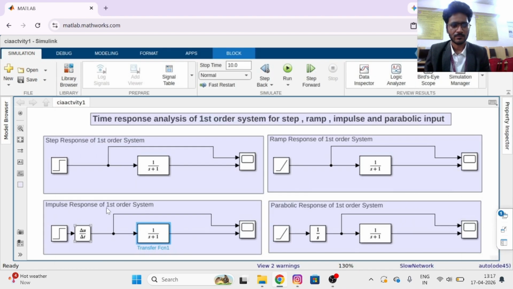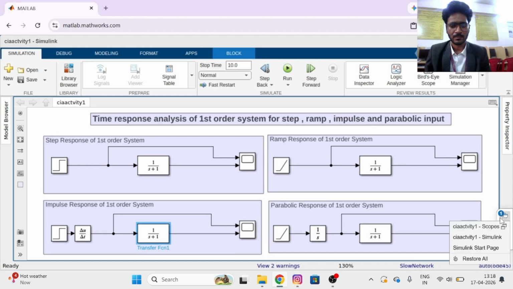Next is the impulse response of the first order system. We all know that the impulse is nothing but the derivative of the step function. So that's why here there is one step function and one derivative of that step function, and a transfer function.